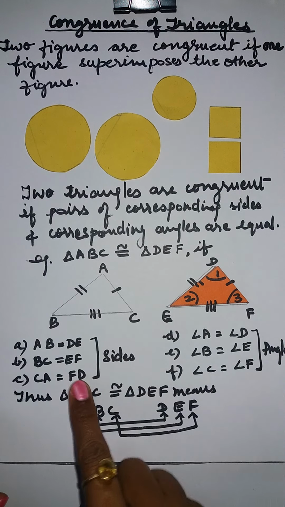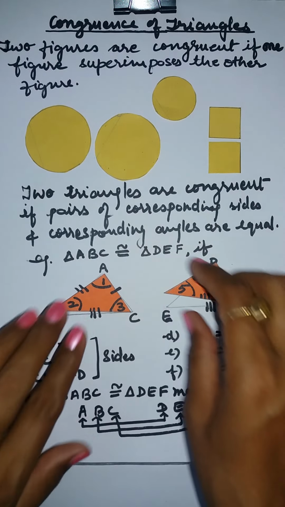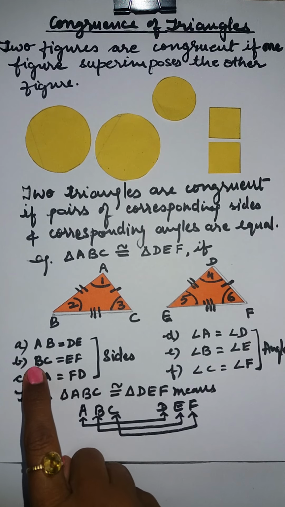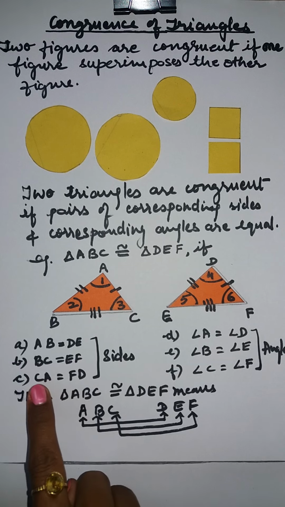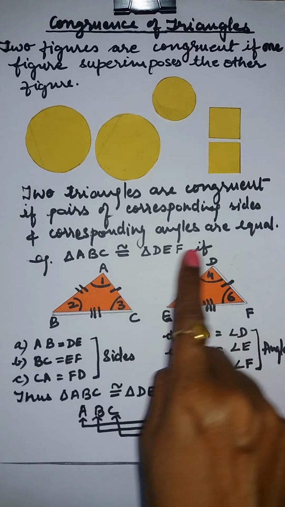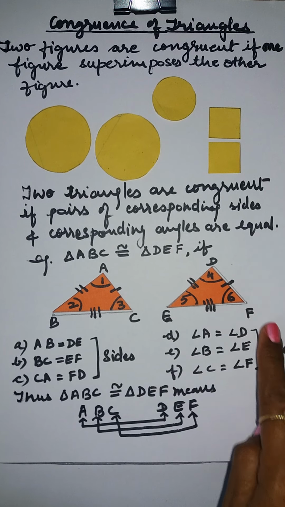So it is written in this way: AB is DE, BC matches with EF, CA matches with FD. These are the 3 sides and these are the 3 angles which match with each other.